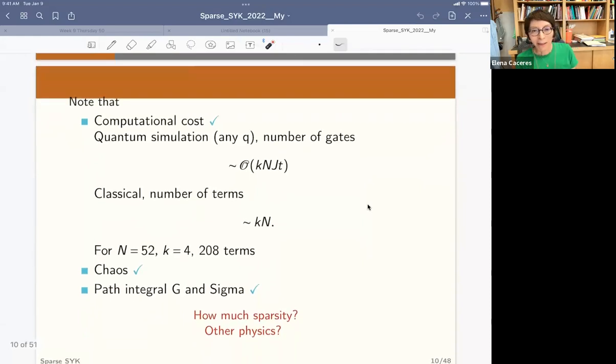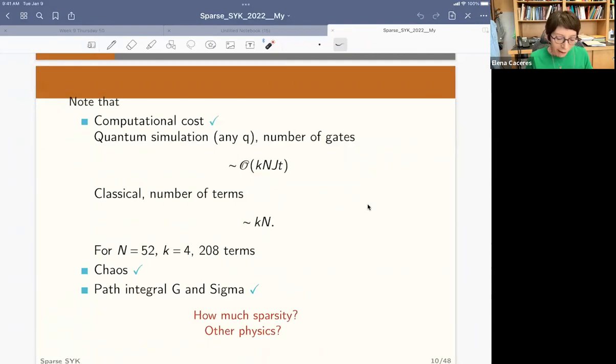So what are the advantages of doing this? Before, the computational cost for the SYK model was N to the 7/2, and that was for q equals 4. If you increase the q in the SYK model, the exponent increases. Here in the sparse SYK, for a quantum simulation, the number of gates goes just linearly with N. K is a parameter of order 1 that we're going to see in a second.